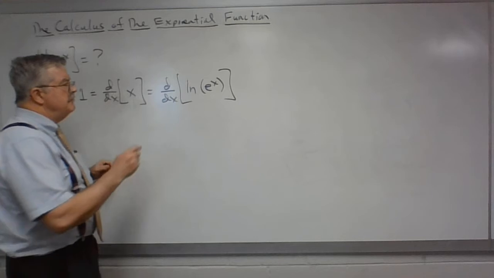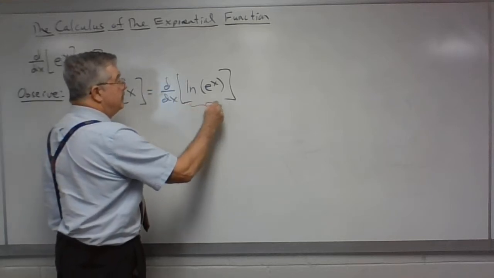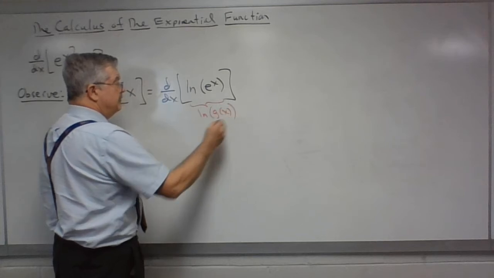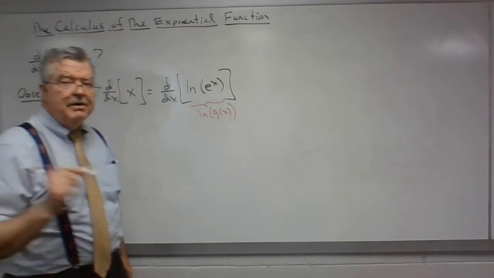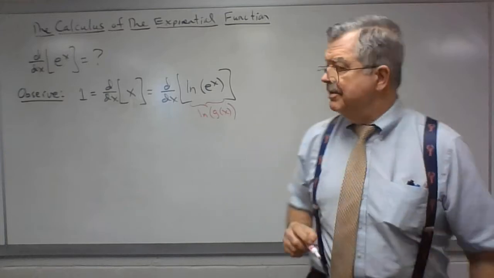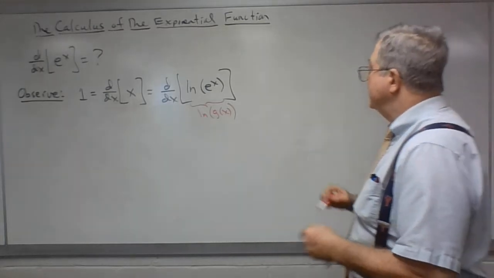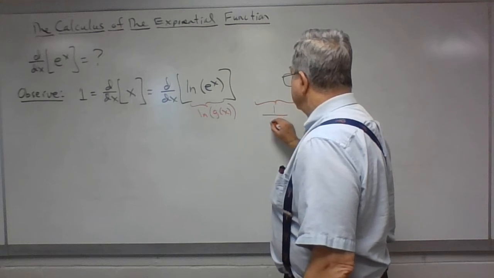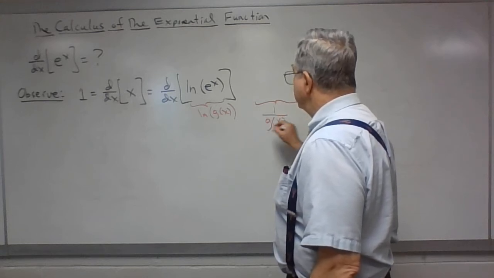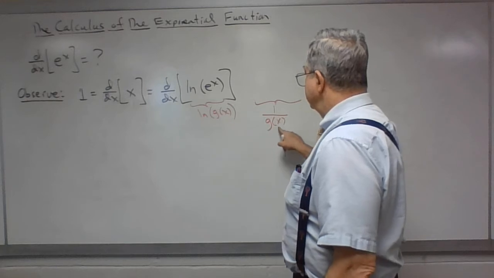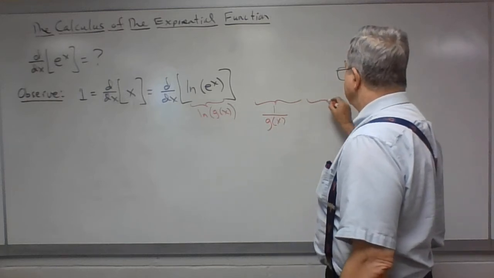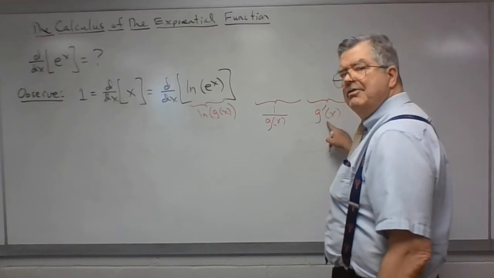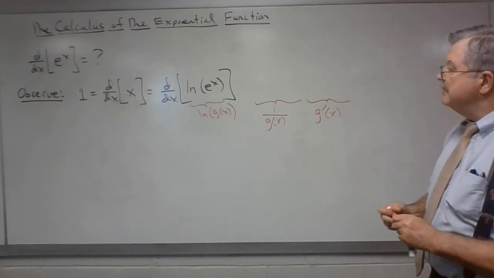And this has the form of the derivative of the natural logarithm of g of x. And we know what that turns out to be. We get 1 over the inner function times the derivative of the inner function.